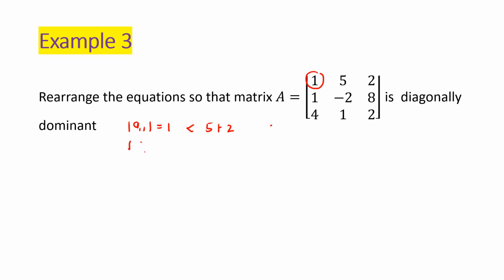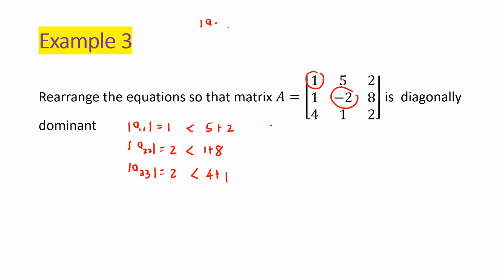Then you look at magnitude A22, which is 2, also less than 1 plus 8. Magnitude A33 is 2, also less than 4 plus 1.